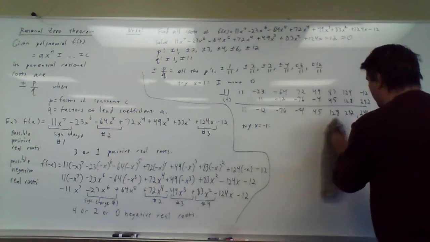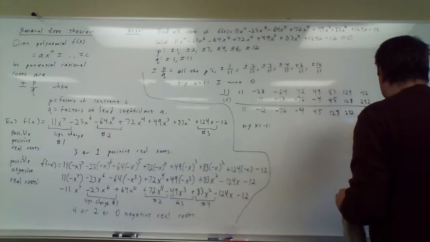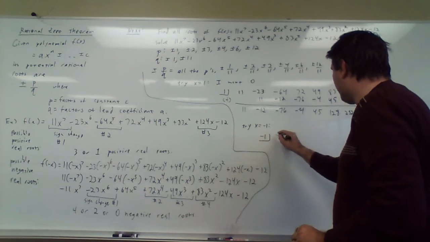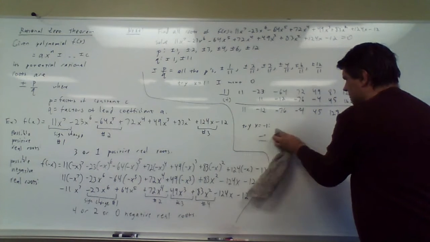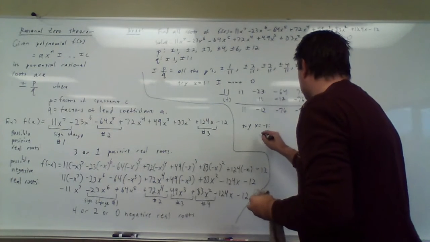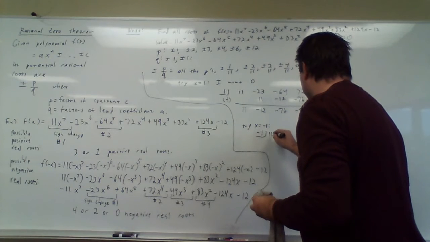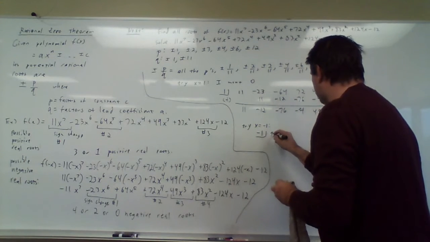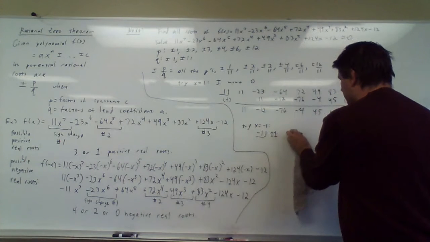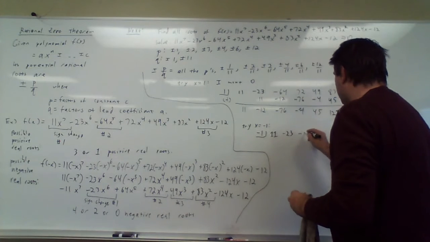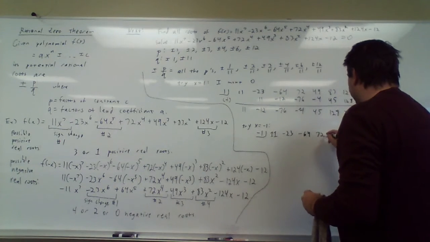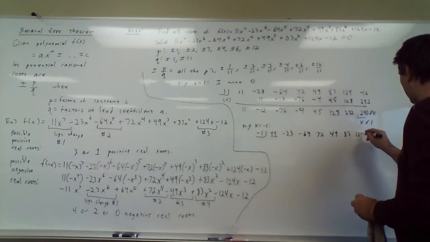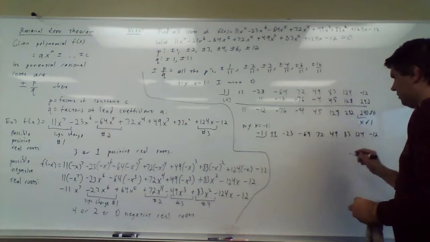I'm not starting the problem over. Okay, so negative 1 will go in the box. We'll have 11, negative 23. Move it over. 11, negative 23, negative 64, 72, 49, 83, 124, and negative 12.